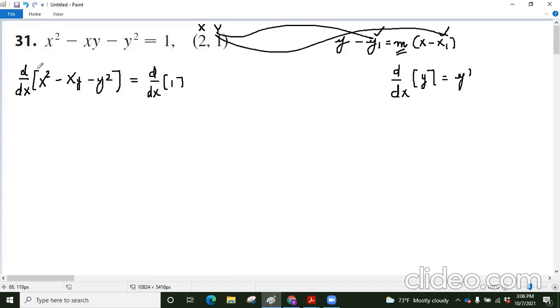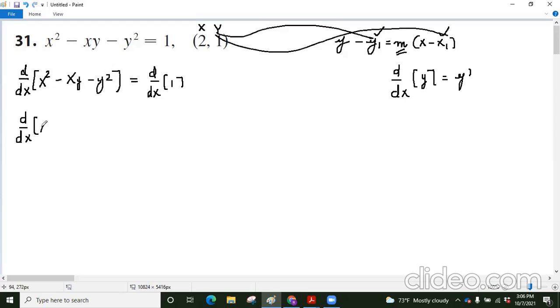This is a bunch of functions being added or subtracted. In this case, they're being subtracted. So what we can do is separate the functions individually, take their derivatives, and then subtract them at the end. So the derivative of this, then the derivative of this, then the derivative of this. So this really is going to look like something like this.